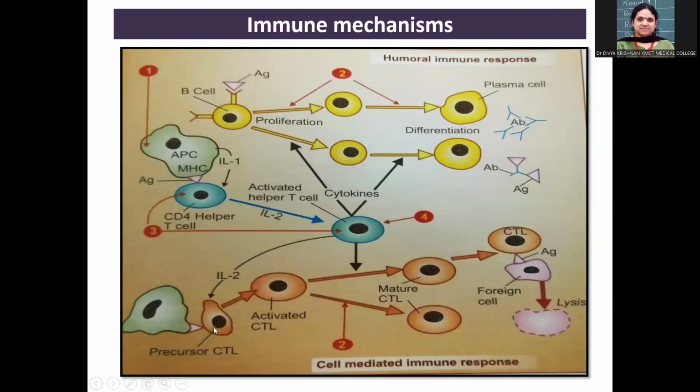So here the antigen is presented with the help of class 1 MHC. In the humoral immune response, it was presented by class 2 MHC. Okay, now then the mature killer cells recognize the cells carrying the antigen and they lyse them. This is about the cell-mediated immune response.